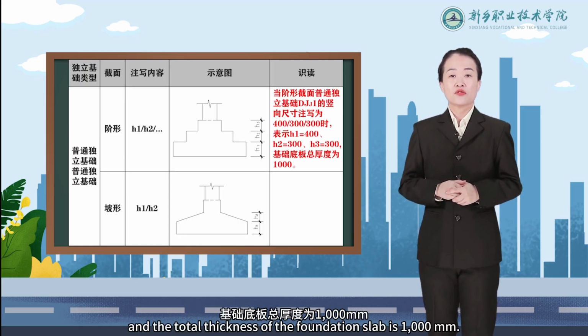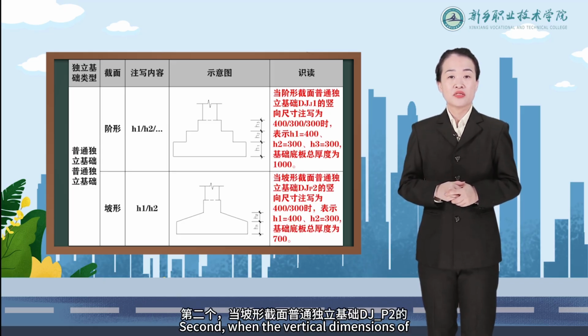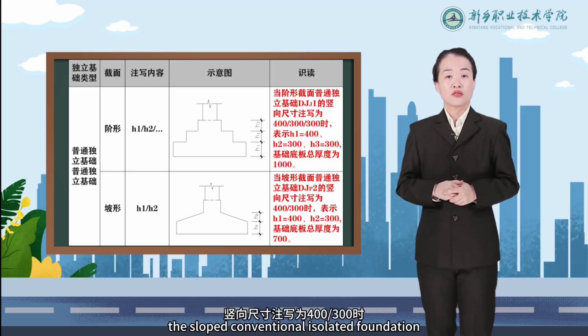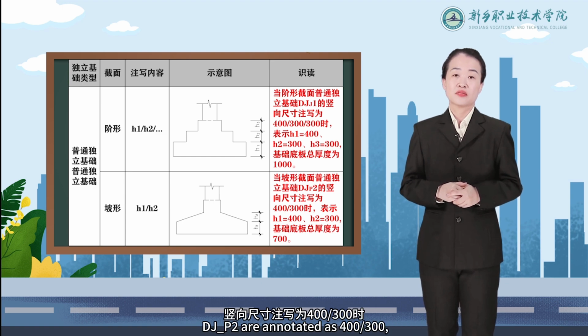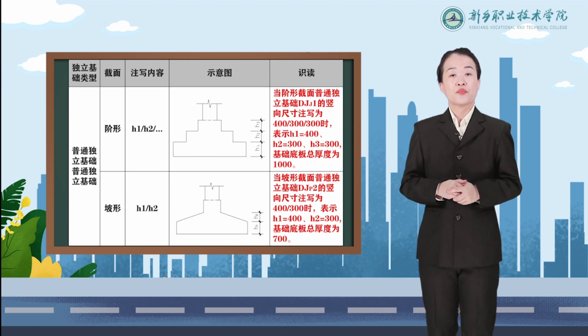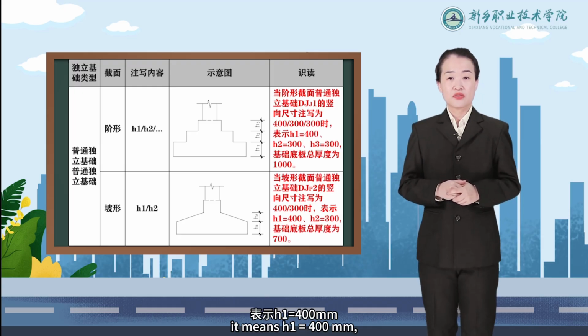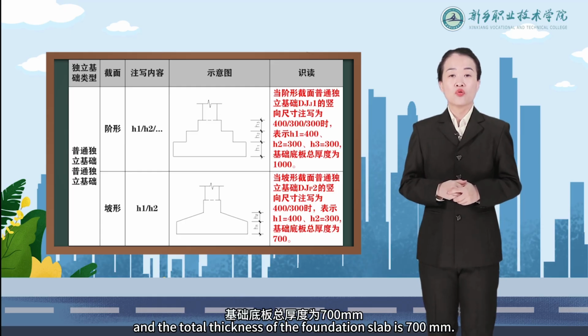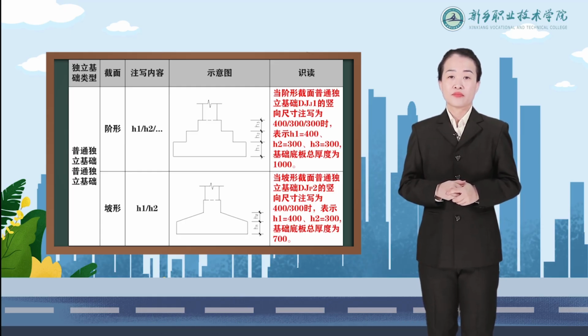And the total thickness of the foundation slab is 1000 mm. Second, when the vertical dimensions of the sloped conventional isolated foundation, DJ sub P2, are annotated as 400/300, it means h1 equals 400 mm, h2 equals 300 mm, and the total thickness of the foundation slab is 700 mm.